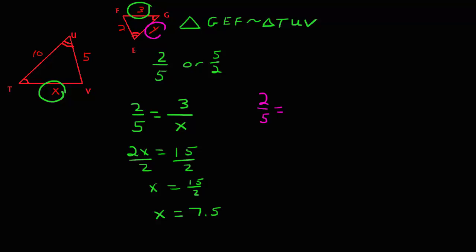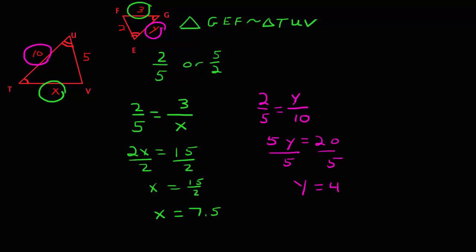So y from the small triangle will go in the numerator, and that will correspond to 10 in the large triangle, because y is between the one congruency mark for G and the two congruency marks for E, and 10 is between the one congruency mark for T and the two congruency marks for U. Once again, we will cross multiply, and we will end up with 5 times y is equal to 2 times 10, which is 20. Divide both sides by 5, and we end up with y is equal to 4.